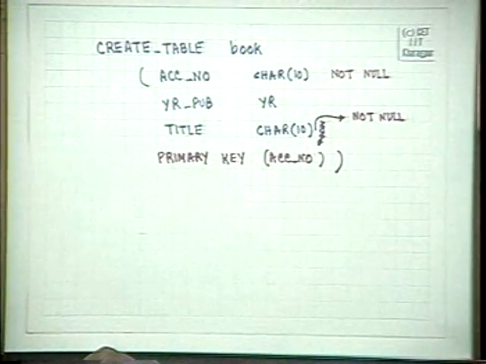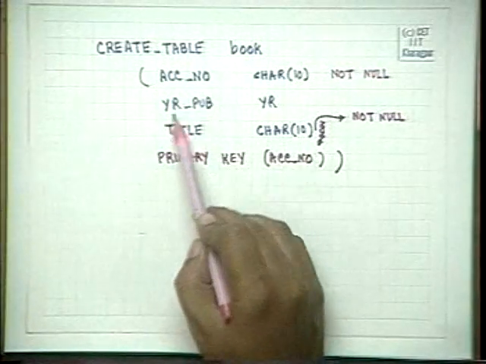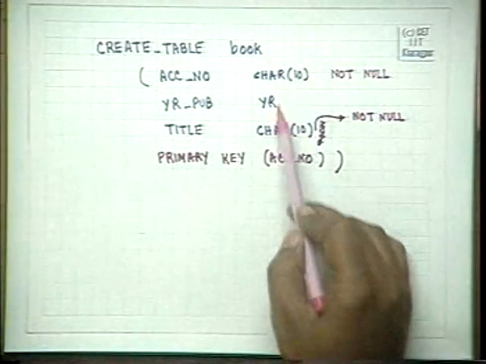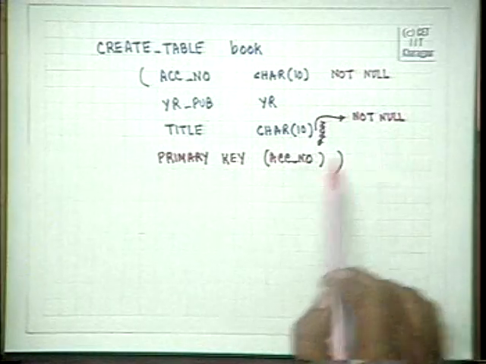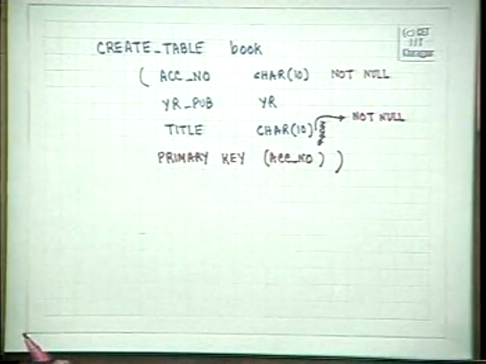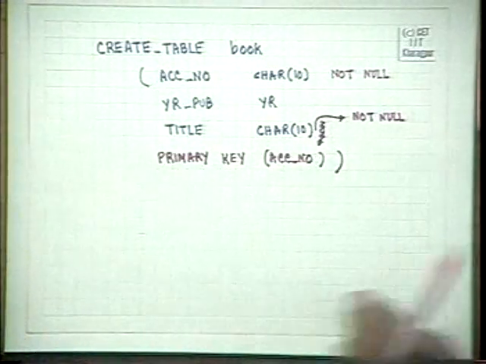So we are specifying the constraints, we specified the attributes, we specified the types, what is null, what is not null, and what is the primary key. Similarly, you can specify user, which will have card number, borrower's name, borrower's address. Let us see and try to specify the borrow relation.